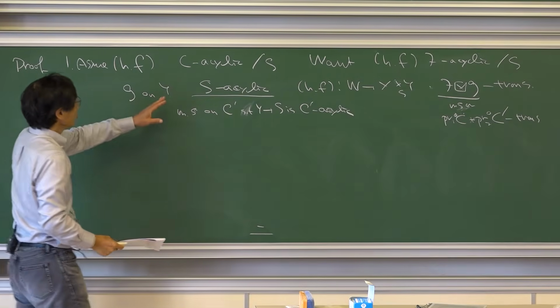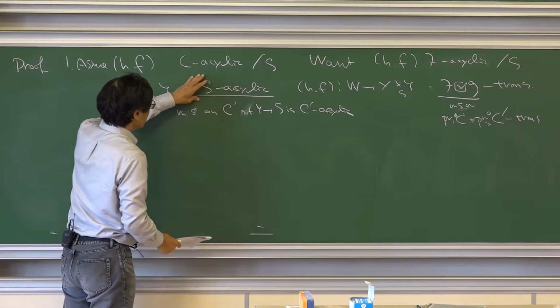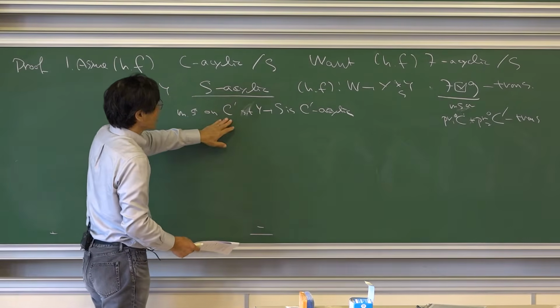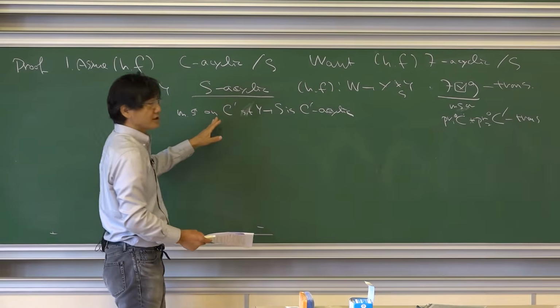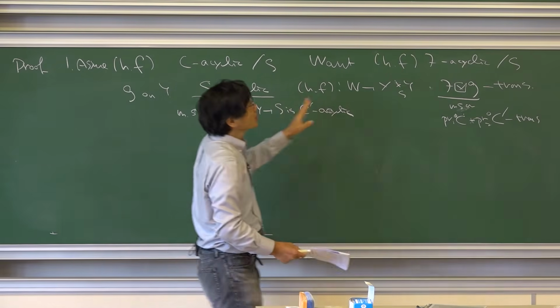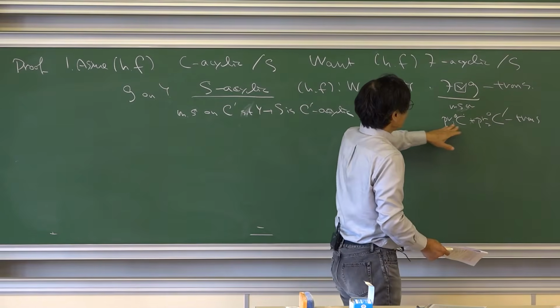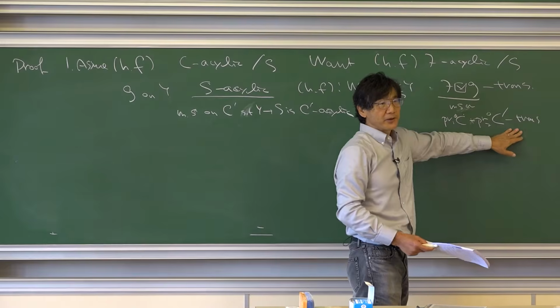Yes, thank you. So G is S-acyclic. That means G is micro-supported on such a C prime. And by that example, this motion is transversal.